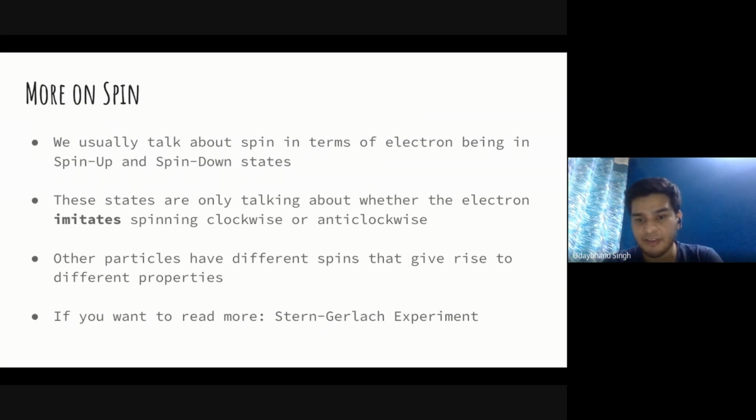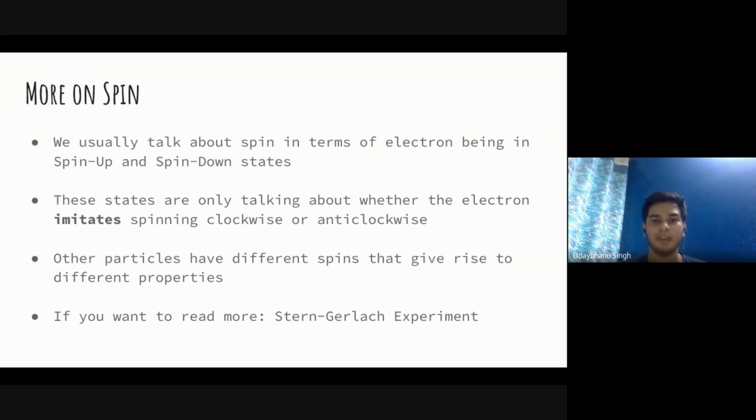This is where the point that I think Arnav had mentioned comes in, that electrons can either be spinning up or spinning down. What this means, again, don't think of it in a physical sense. Electrons aren't actually going up or down. What we're basically saying is that if the electron were to spin, would it be spinning in the clockwise direction or in the anti-clockwise direction?